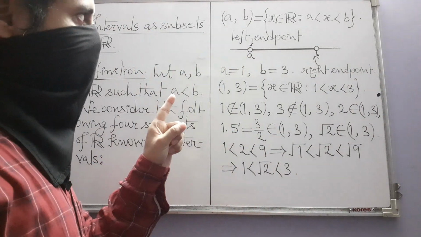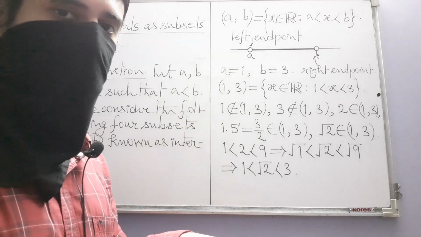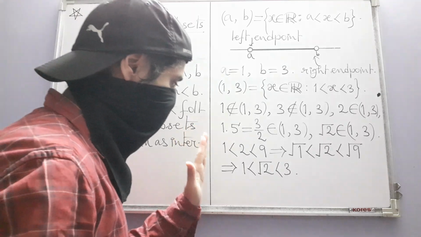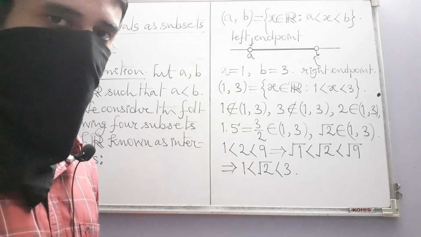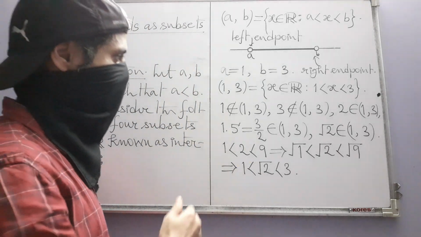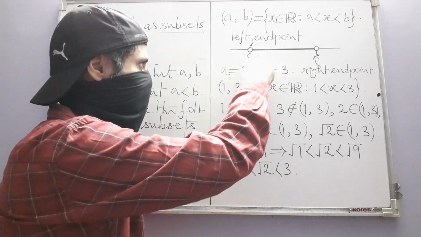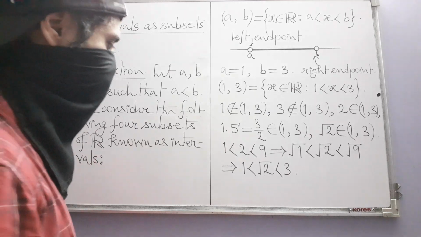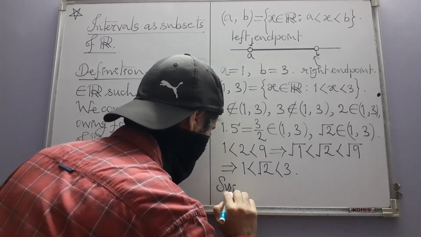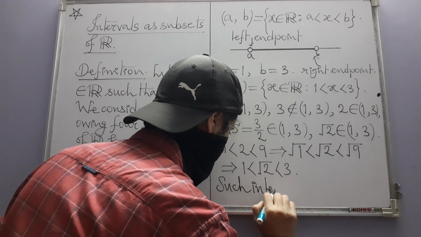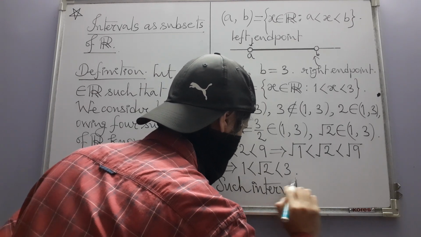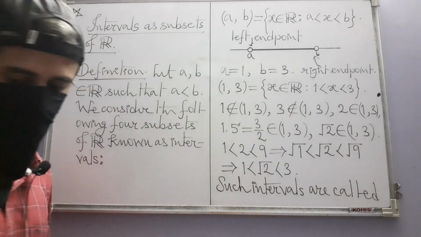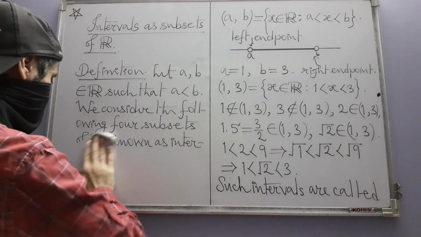This type of intervals where none of the endpoints themselves is an element of the interval is called an open interval. That is, an open interval is an interval in which none of the endpoints is an element of the interval or of the set. Such intervals are called open intervals.